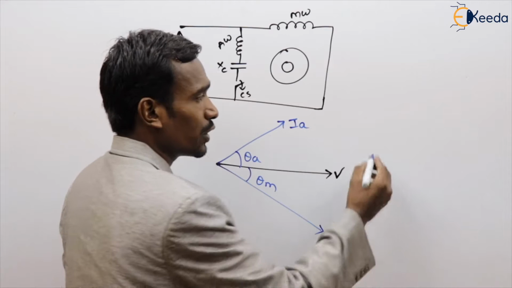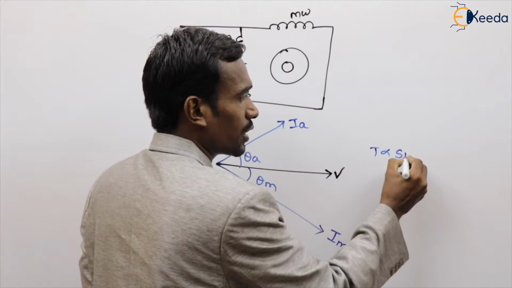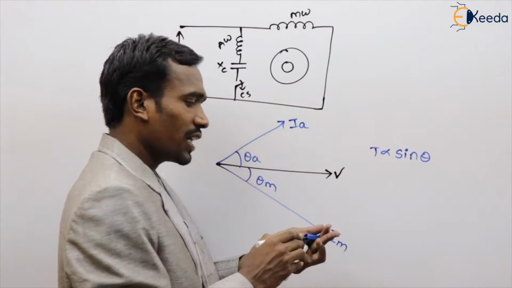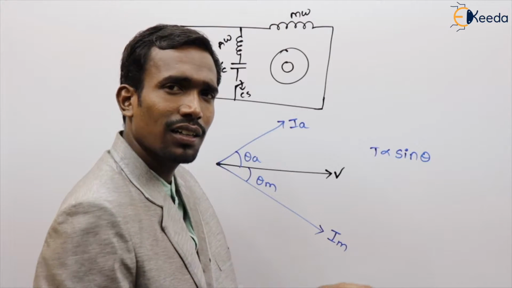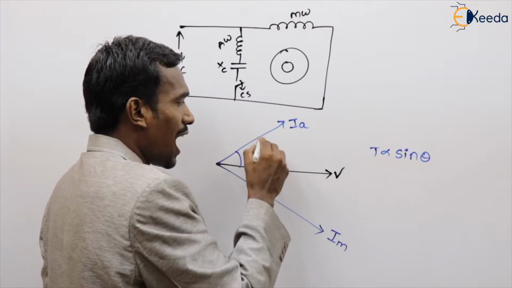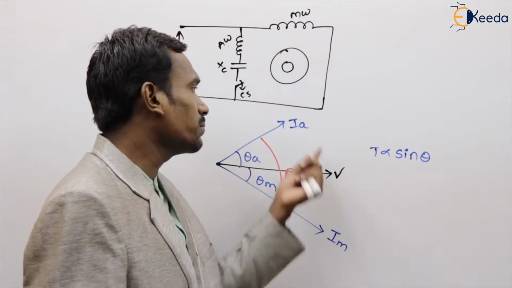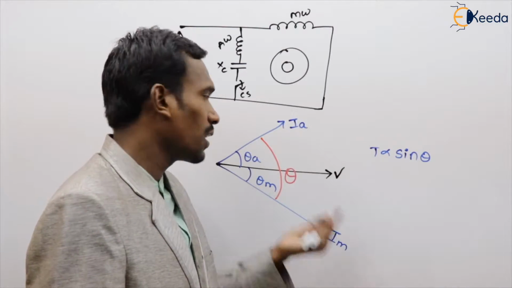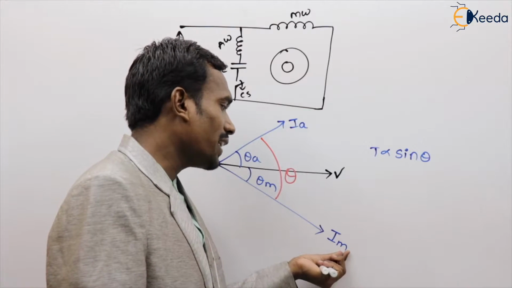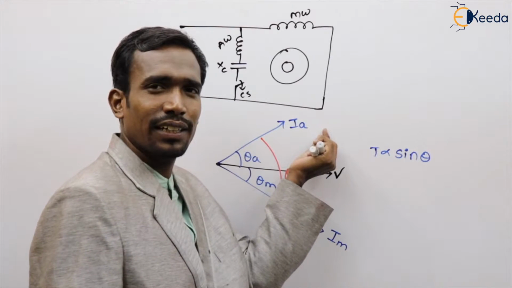Generally, we know torque is directly proportional to sine theta, where theta is the angle between IM and IA.